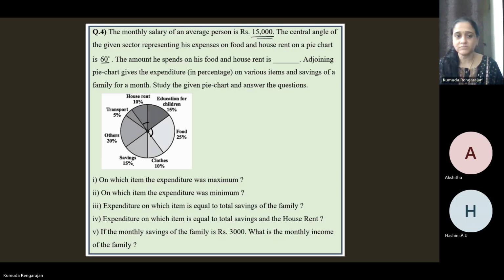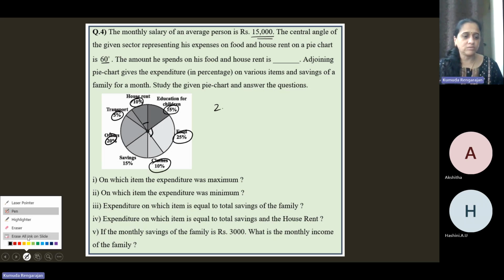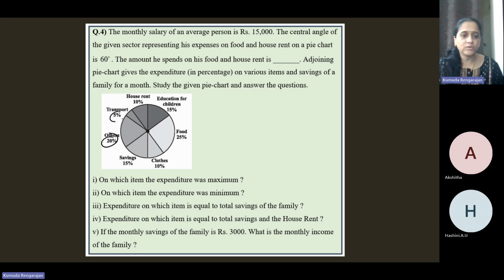Adding: 20 plus 5 is 25, 35, 40, 50, 65, 75, 85.